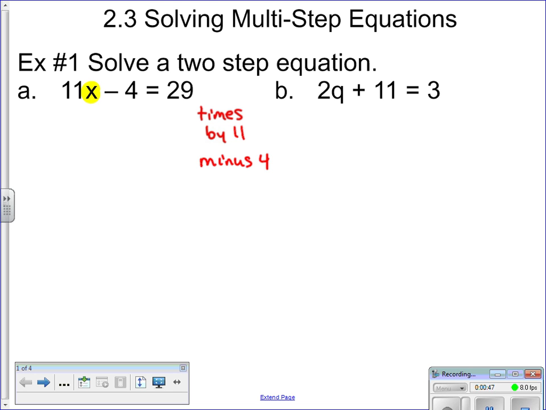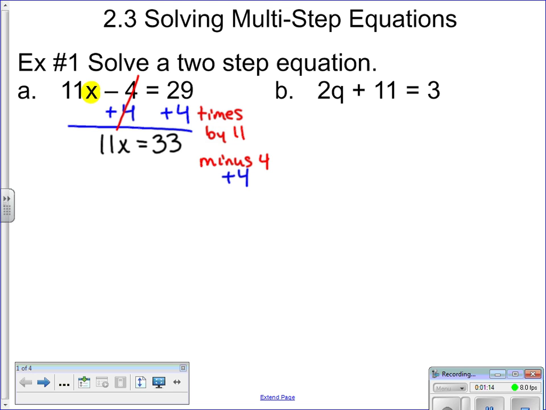So the opposite thing from minus 4 is to plus 4. So if we add 4 to both sides, a negative 4 and a positive 4 cancel each other out because of the additive inverse. So the 11x comes down, and 29 plus 4 is 33.